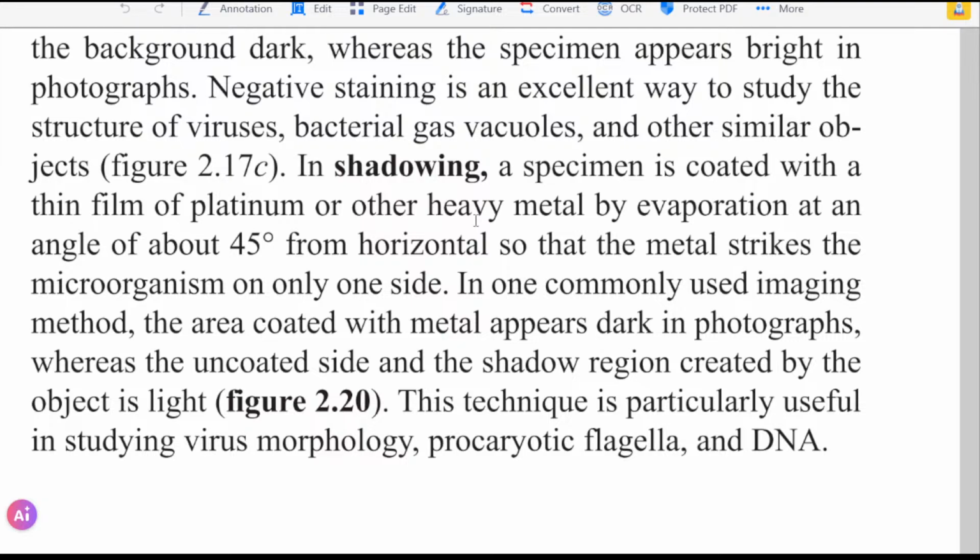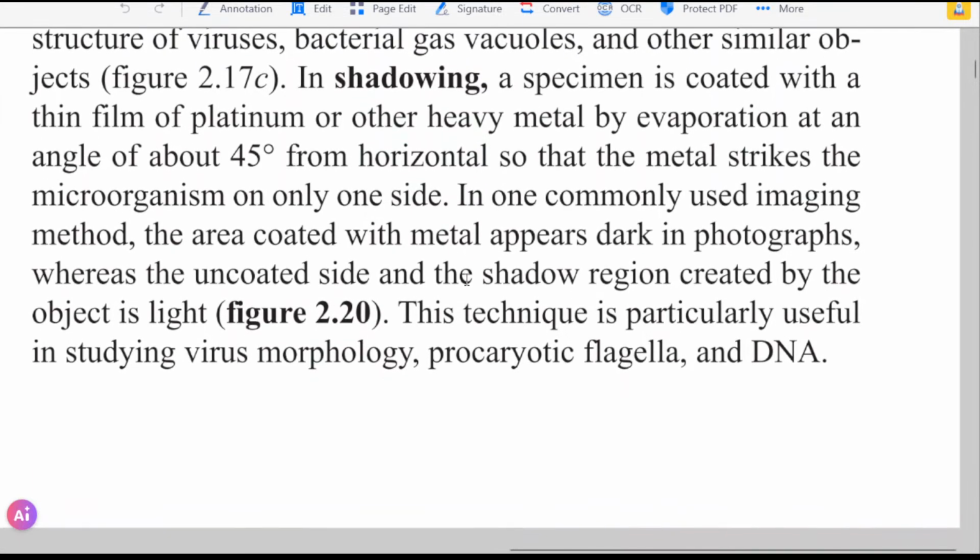The platinum or other heavy metals you coat the specimen with make a shadow from only one angle, which is 45 degrees from the horizontal. It means you start from this line and go only until 45 degrees, half of 90 degrees, right? So the metal strikes the microorganisms by evaporation.